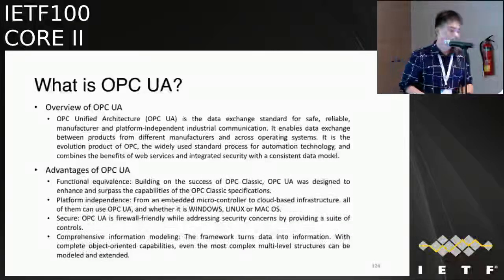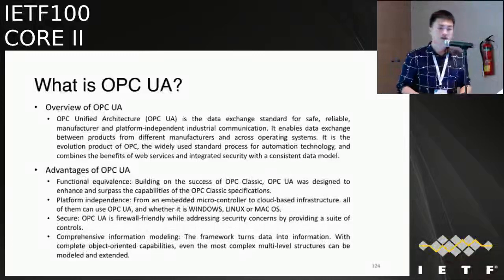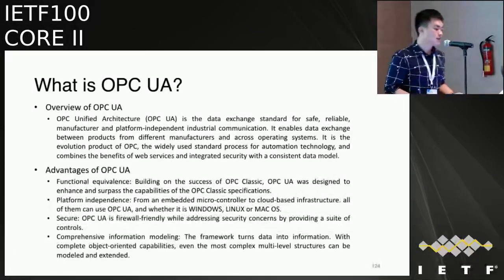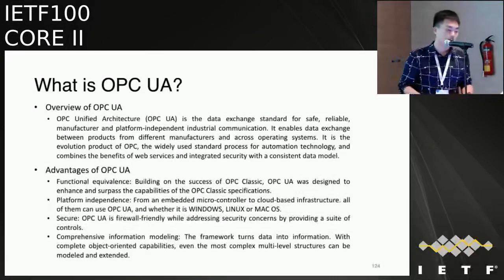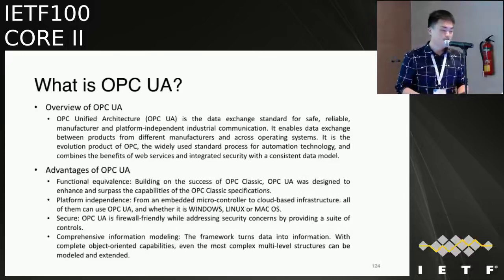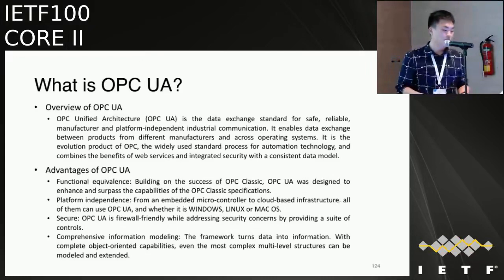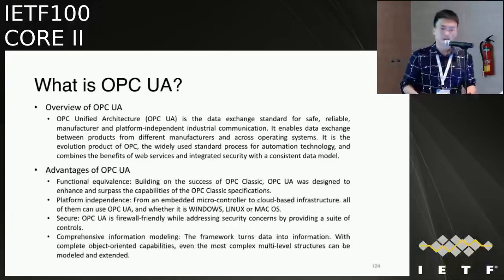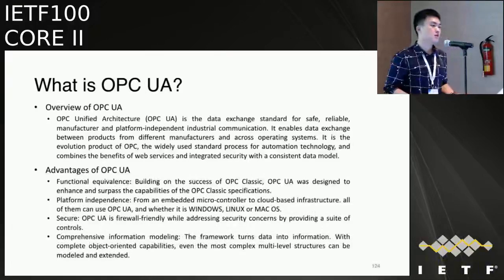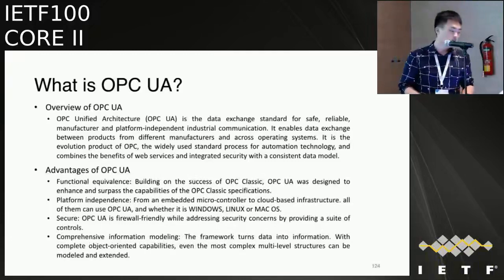First, please let me introduce what OPC UA is. OPC Unified Architecture is a data exchange standard for safe, reliable, manufacturer- and platform-independent industrial communication. It enables data exchange between products from different manufacturers and across operating systems. OPC UA has a lot of advantages. First is functional equivalence.